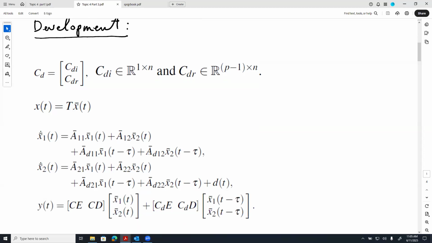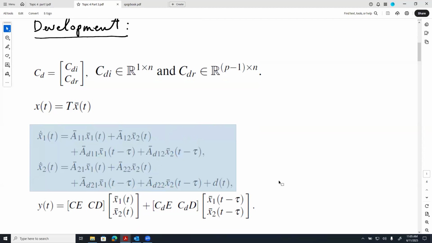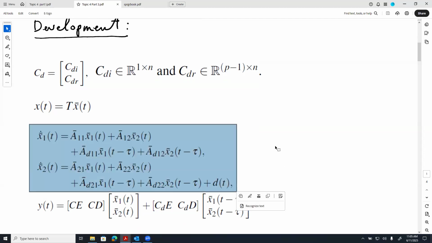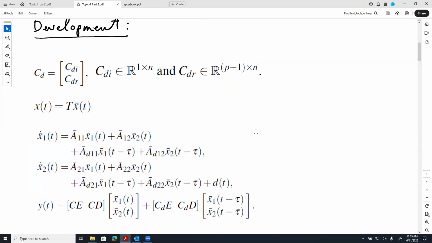We obtain the following equations. That is basically the same as the previous expressions, where we got the first part of the equation, x bar 1 of t.